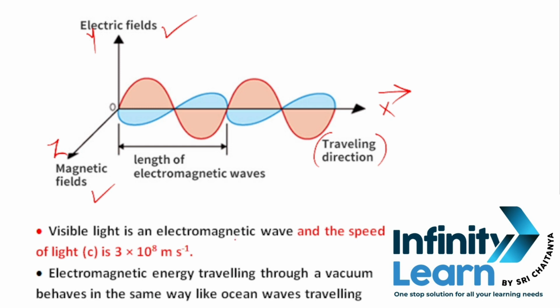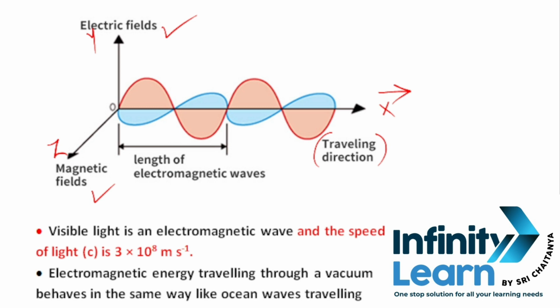So we know that all three axes, the x-axis, y-axis, and z-axis, are perpendicular to one another. If the wave is propagating along the x-axis, then along the y-axis there is the electric field, and along the z-axis there is the magnetic field.